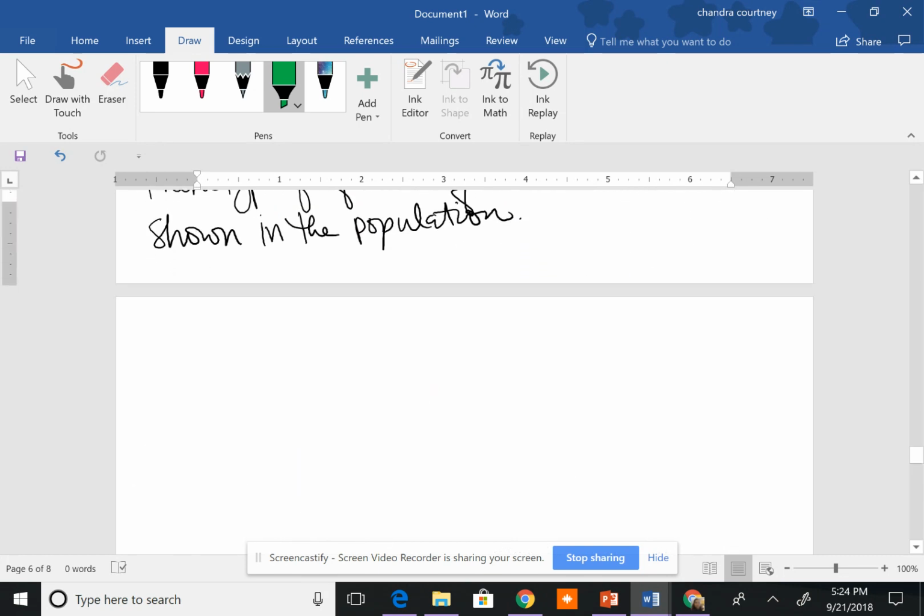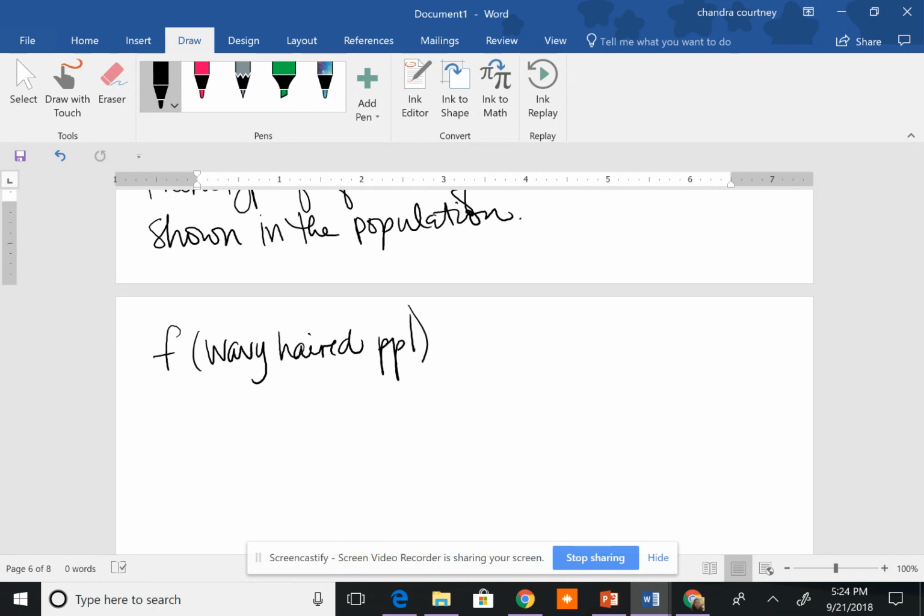So if we were to look at the frequency, or the percentage, of wavy haired people, only one of those people had wavy hair. So it would be 1 over 2, or 0.5, or 50%. All acceptable ways of writing this information.